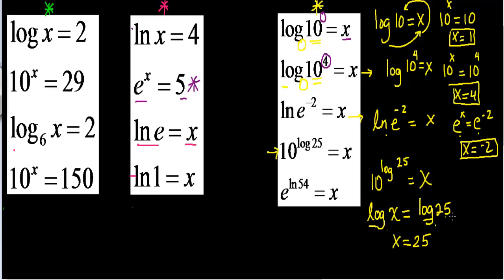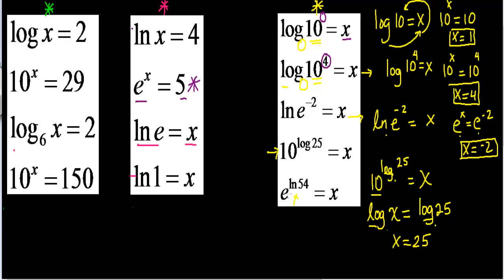This argument has to be equal to this argument. So x is 25. Notice another property. Whenever you have 10 raised to a log that's the same base as this base, your answer is the argument of that log, okay? So let's use that fact in this one.